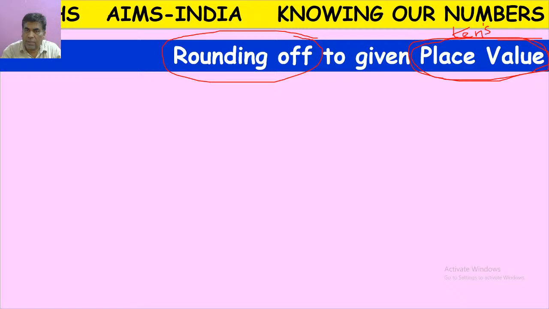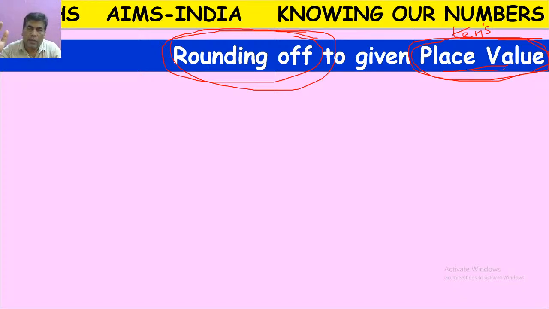They may ask us to round the given number to tens place or hundreds place or thousands place. So that's why we are saying rounding off to a given place value.